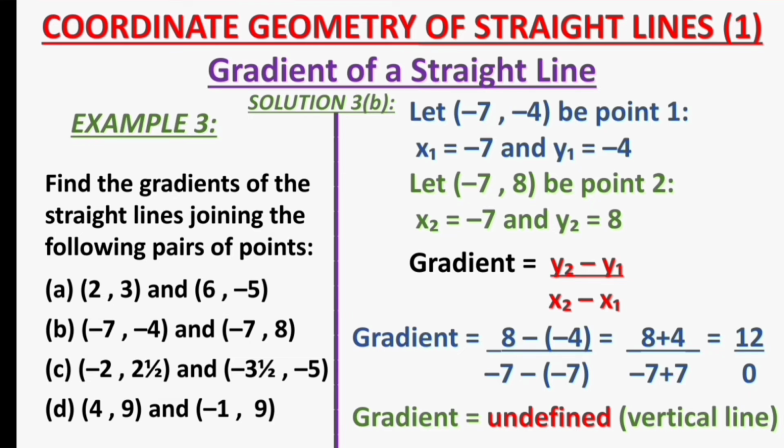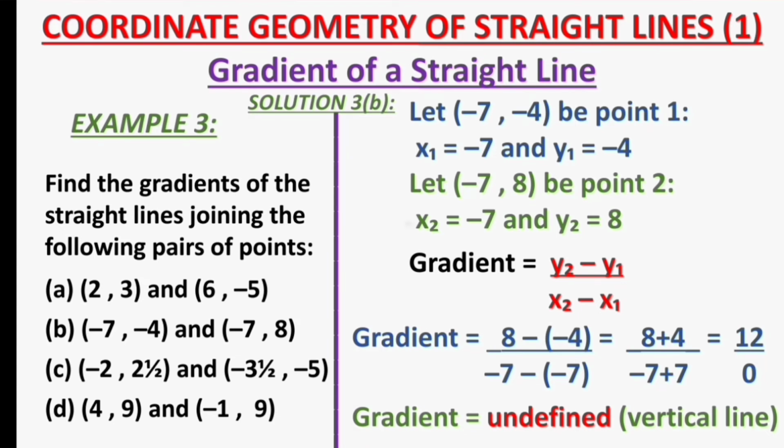Hence, the gradient of the straight line in example 3b is undefined, representing a vertical line. I hope you got that right again. Please take note of the solution to example 3b.